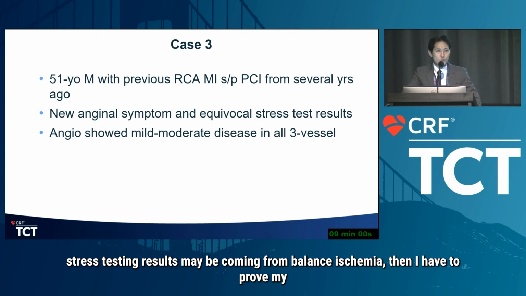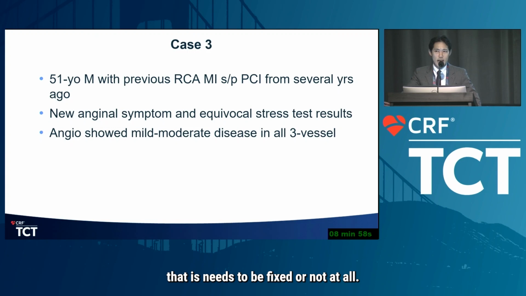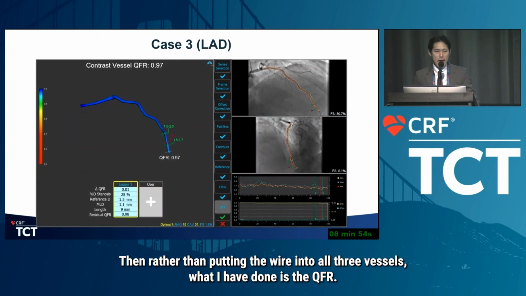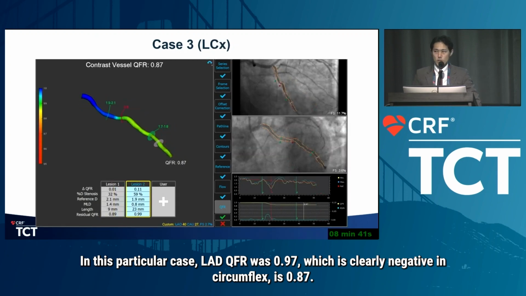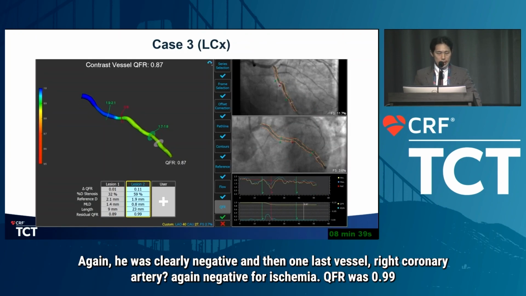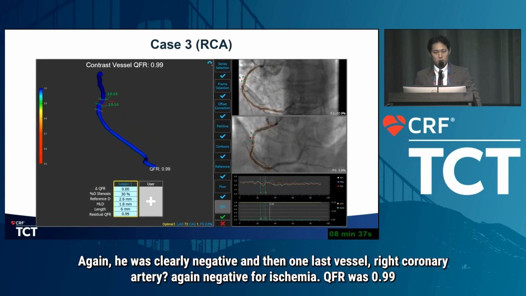Then I have to prove to my referring cardiologist whether that needs to be fixed or not at all. Rather than putting the wire into all 3 vessels, what I did was QFR. In this particular case, LAD QFR was 0.97, which is clearly negative. The circumflex was 0.87, again clearly negative. And the last vessel, the right coronary artery, is again negative for ischemia. QFR was 0.99.